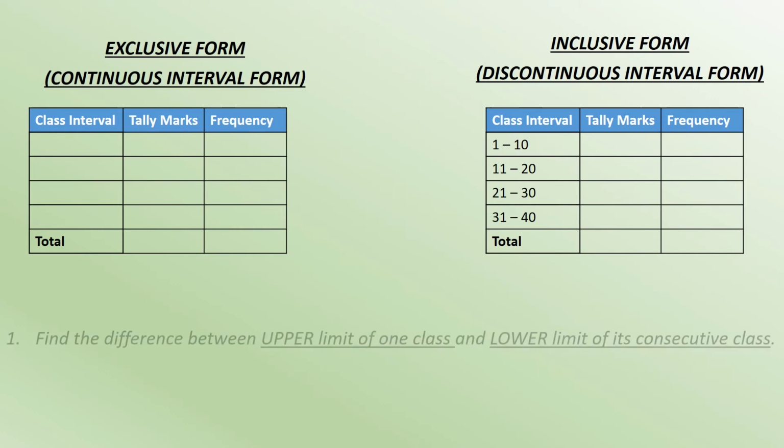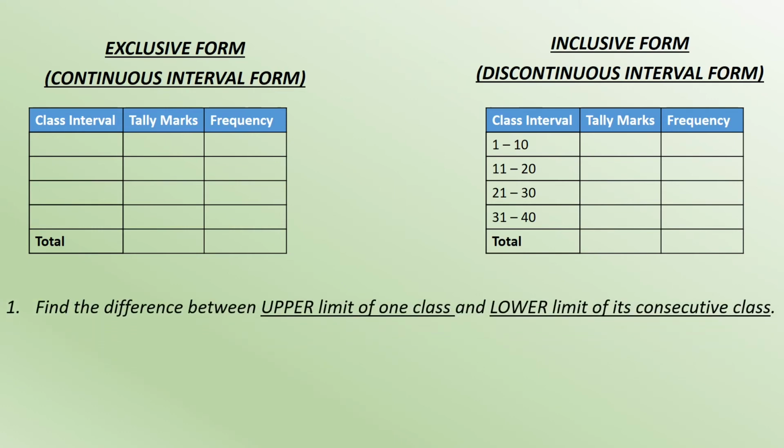First of all, we find the difference between upper limit of any one class and the lower limit of its consecutive class. So if we take upper limit of first class interval, that is 10, and the lower limit of its consecutive class, that is 11, the difference is 1. You can take any two consecutive class intervals, the upper limit and the lower limit. You will find that here in this example that difference is 1.